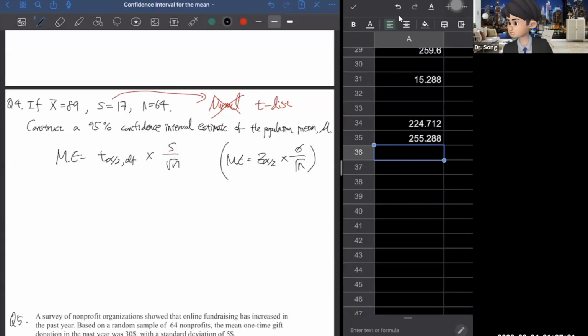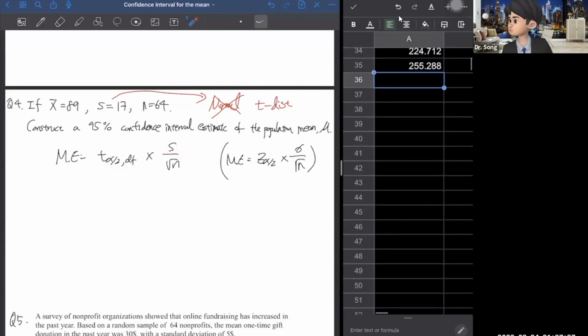So let me calculate this margin of error. But here we have a new distribution, the t-distribution. The way to calculate with the t-distribution is pretty much the same as the normal distribution, but there's a new thing, which is degrees of freedom. The t-distribution is bell shaped and symmetric around the mean. In this case, we want to construct a 95% confidence interval. Then what is this t alpha over 2? It is t.025.